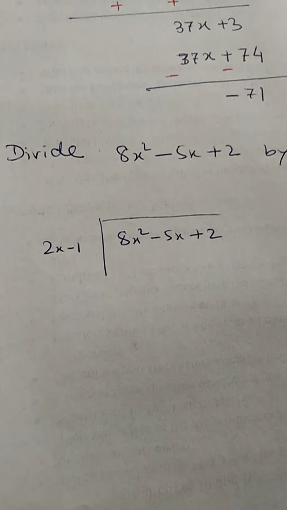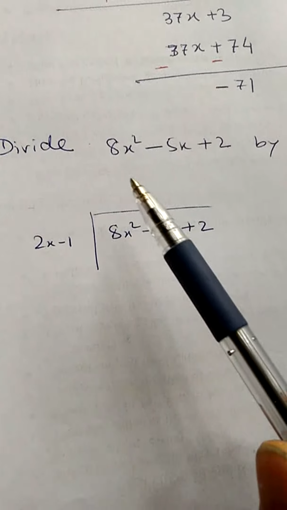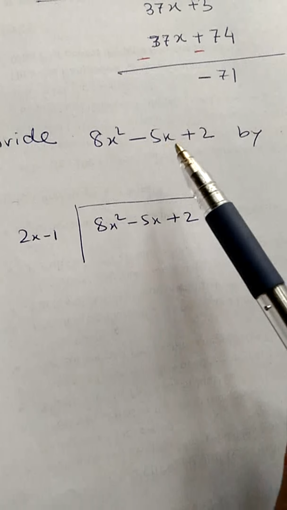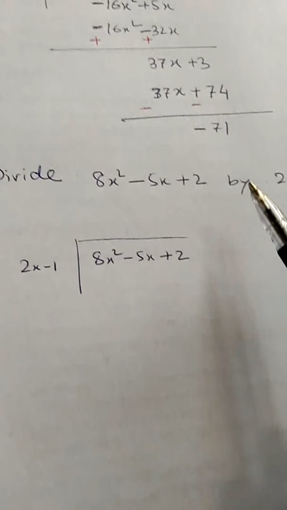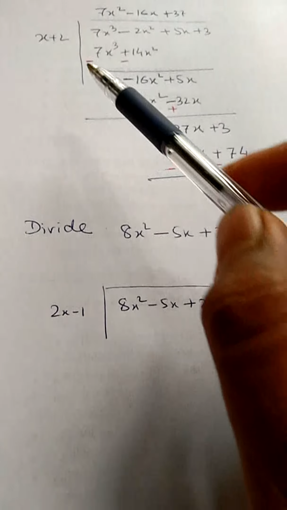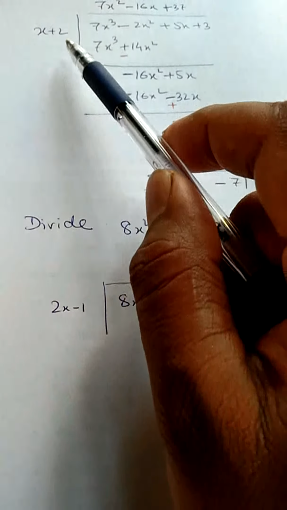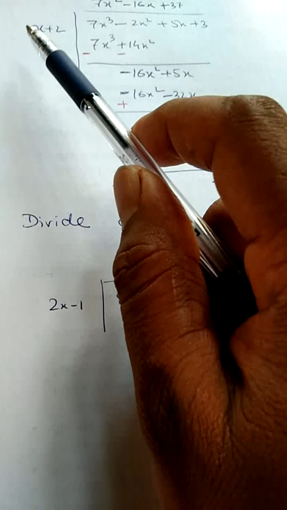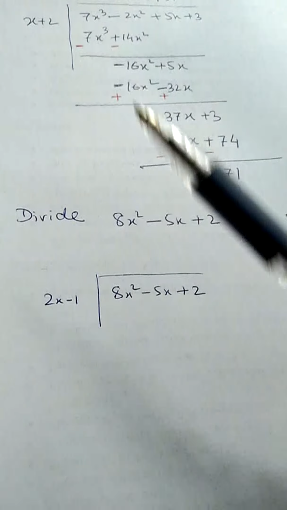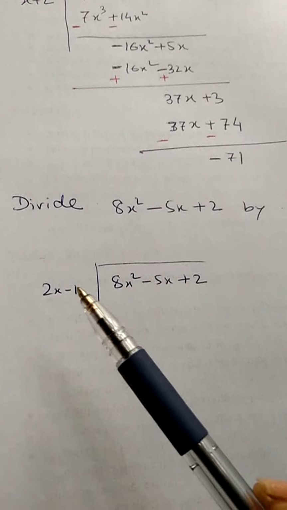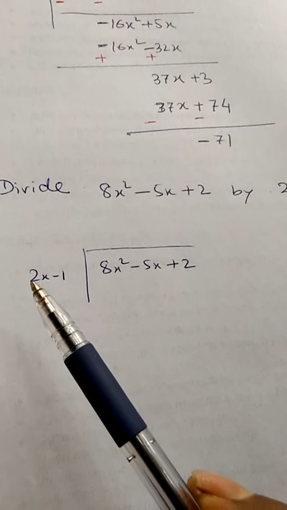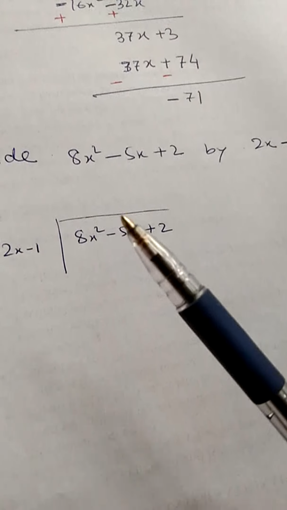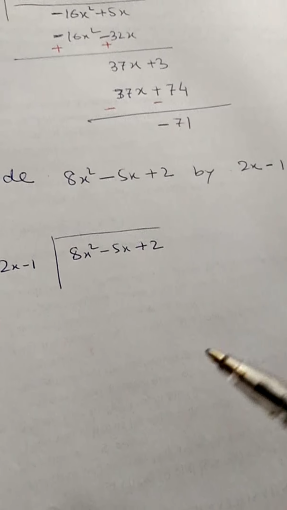Let us take one more example. We have to divide 8x square minus 5x plus 2 by 2x minus 1. Earlier, in the previous example, it was only x plus 2, where x has no coefficient, and here we have taken another example where x can have a coefficient, say 2. In that case the process would be the same.